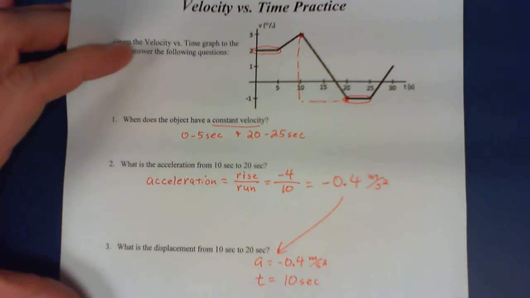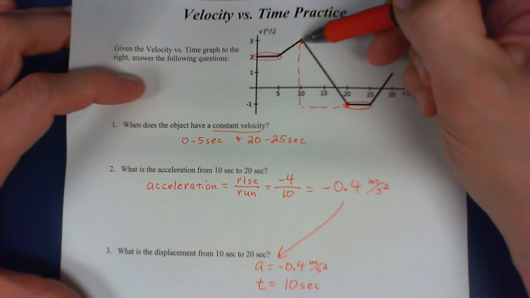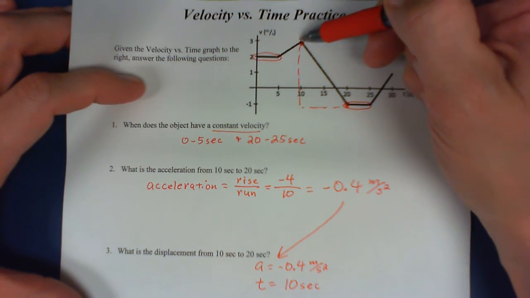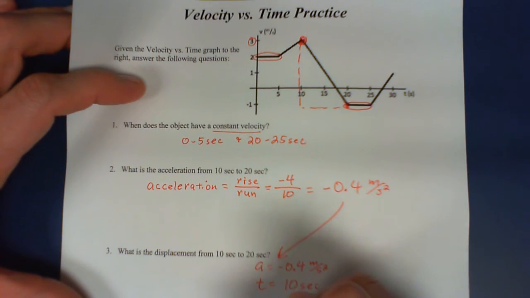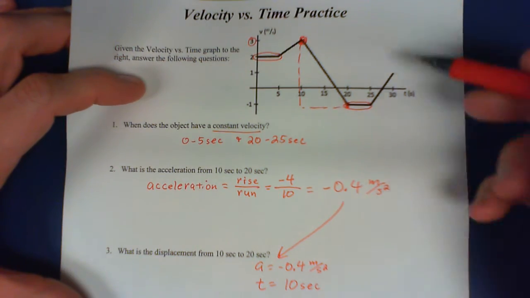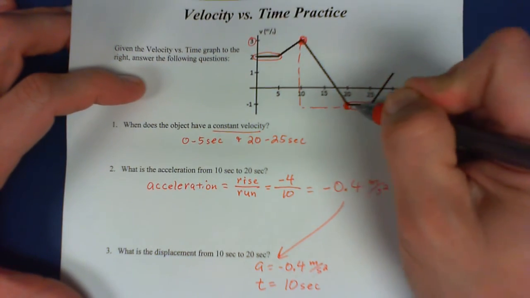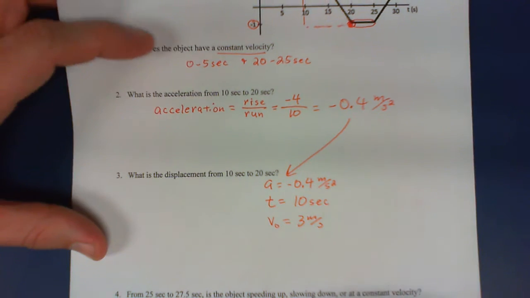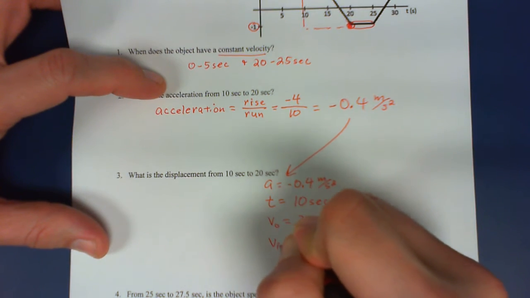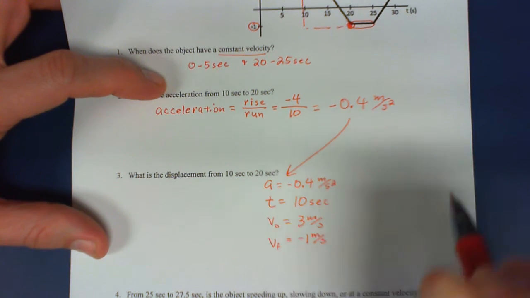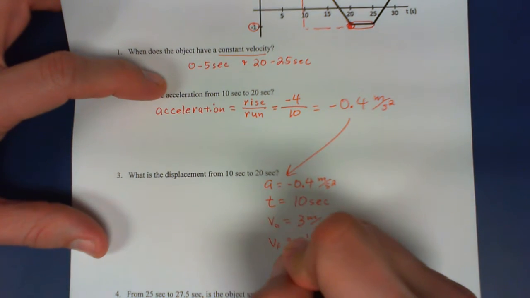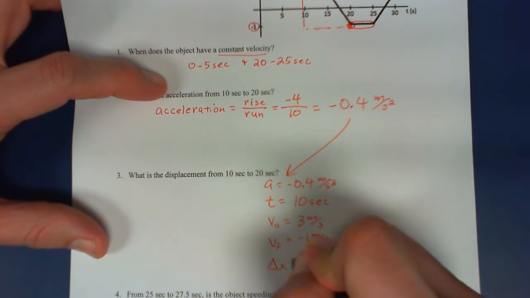Some other piece of information we can know from the graph, from 10 seconds to 20 seconds, we know the initial velocity is going to be 3 meters per second. We also know that the final velocity is going to be negative 1 meter per second. And the only thing we don't know is the displacement.